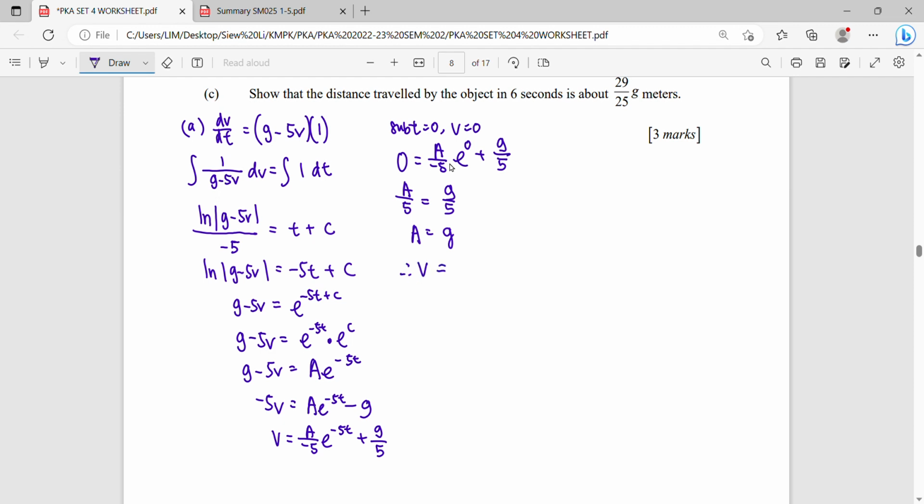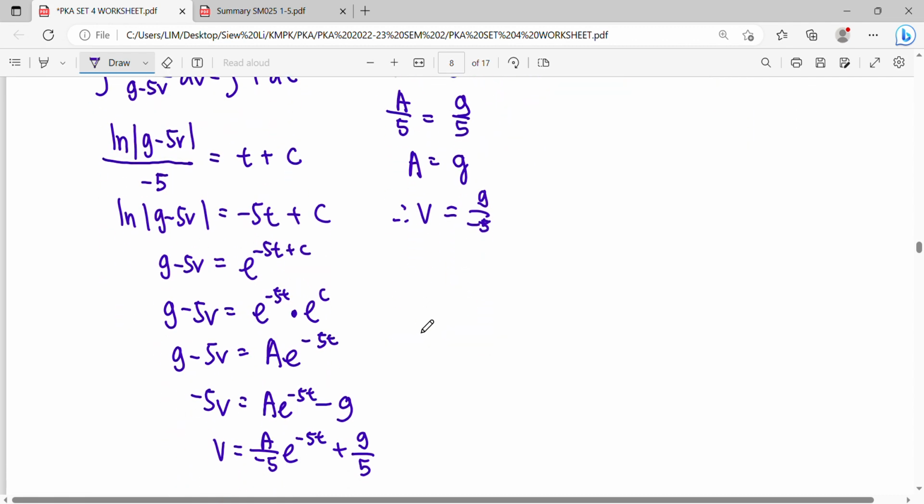So I substitute g over negative 5 times e negative 5t plus g over 5. So I can notice that g over 5, I can factorize, negative e to the power negative 5t plus 1.